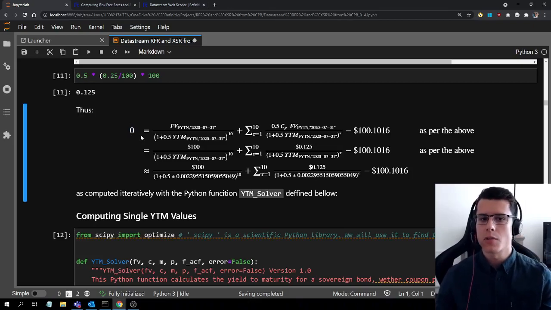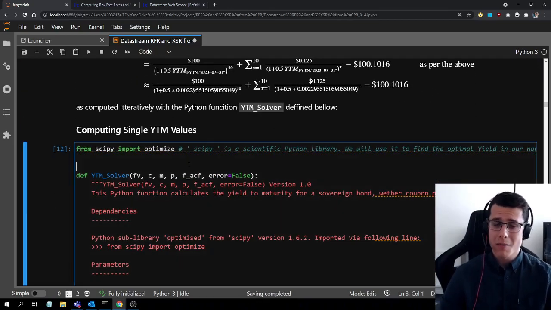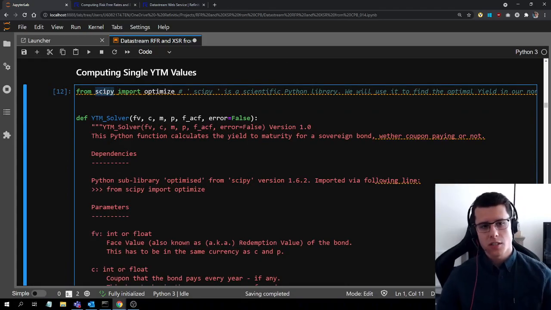I try, okay, what about yield to maturity 2? What if yield to maturity is 2? Does it work? No, it doesn't work. And then you continue like this, trial and error, trial and improvement, until you get a number that's sufficiently good to give you something close to 0, if not 0. And that's what I've done here. So instead of doing it myself manually, I've used a Python library called SciPy, in which there is a sublibrary called optimize.